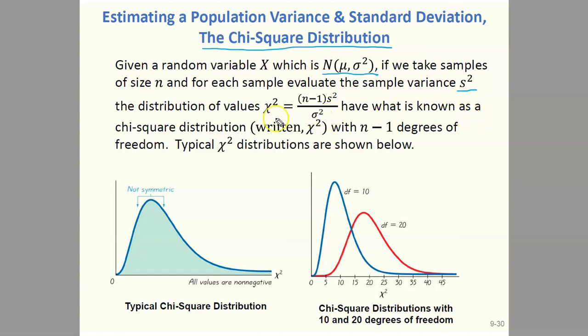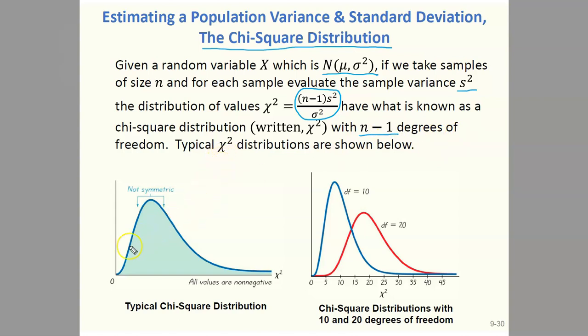Then it is a fact that if we take those values s squared and construct these numbers, so we take n minus 1 times our sample variance and divide by the population variance, these numbers are denoted by this symbol, called chi-square. These numbers will have what's known as a chi-square distribution with n minus 1 degrees of freedom.